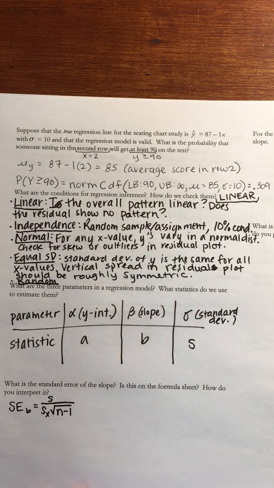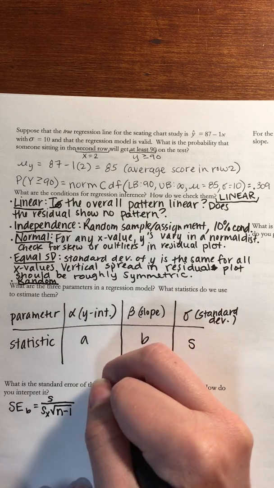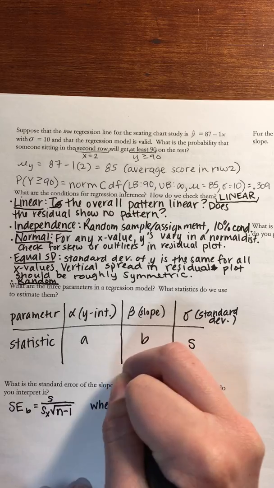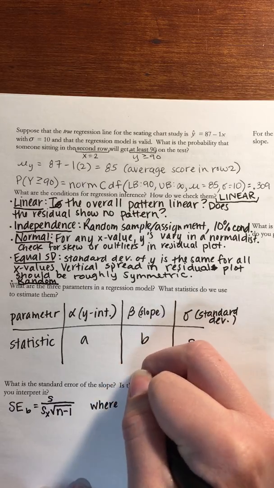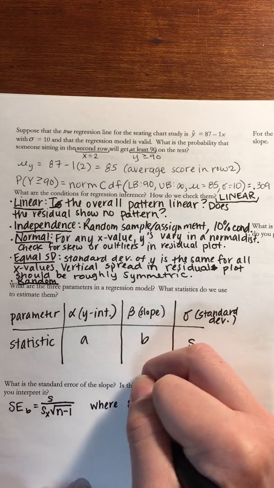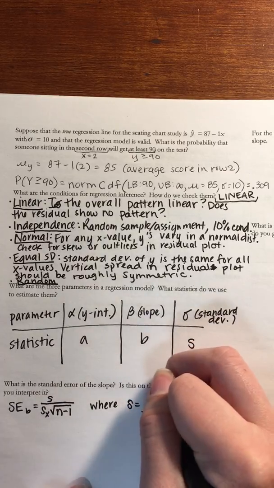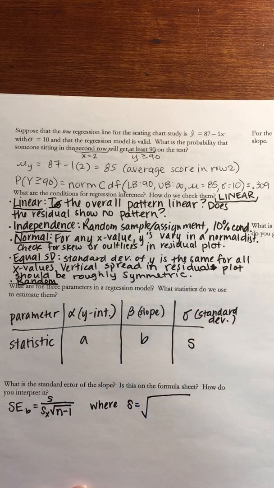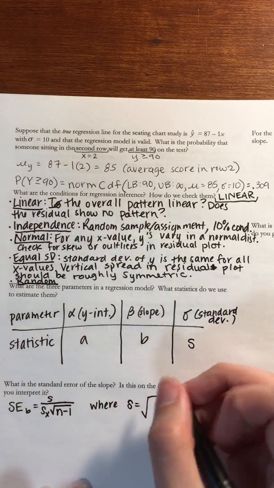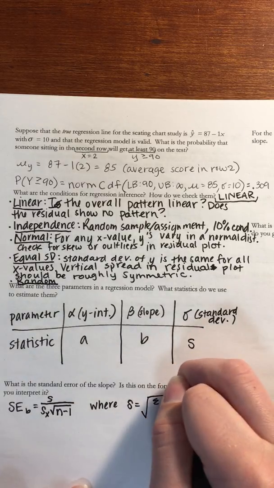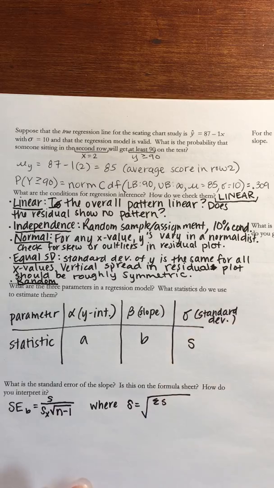Okay, so this would be that s, sorry, that's an s. So s is the sum of the residuals squared. I need white out, sorry.